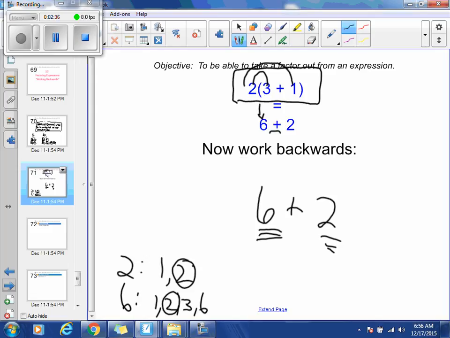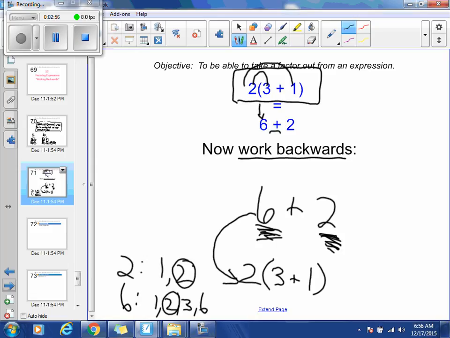All right, so then what we're going to do to work backwards, or take a factor out, is we're going to take the factor 2 out. How many times does 2 go into 6? 2 times 3 is 6, right? And how many times does 2 go into 2? Just once, okay? So we just worked backwards and took the factor out, so it looks like distributing again.